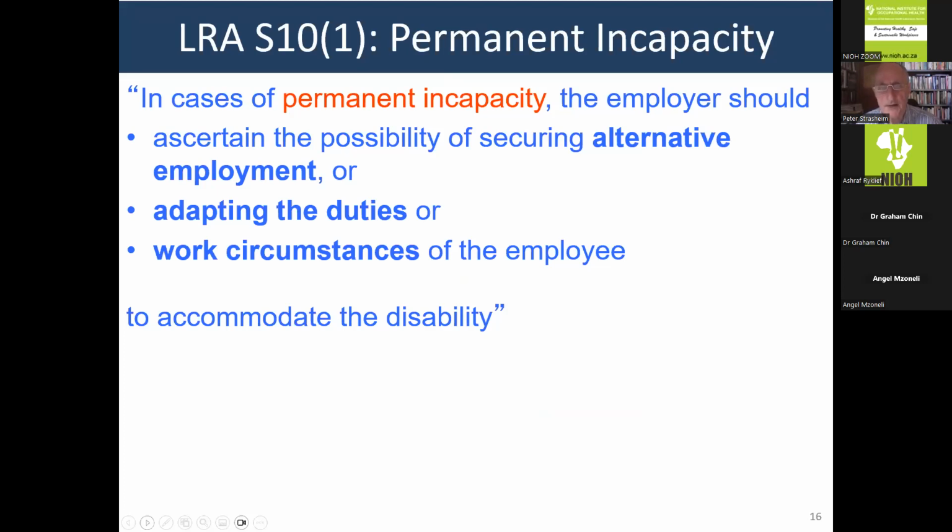Now, this is crucial. If the medical practitioners determine it to be permanent, permanent does not mean what you think. I cannot emphasize this enough because employers get the cognitive understanding of the word permanent. They think it means that the employee is permanently unable to do their job, which of course is not so. It means that the incapacity is permanent. To stop and just draw a distinction between the two.